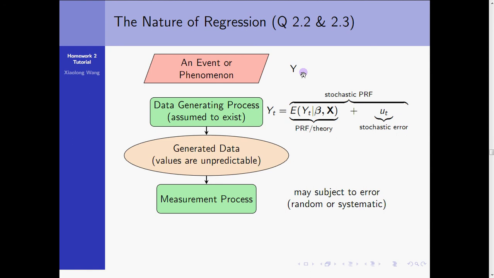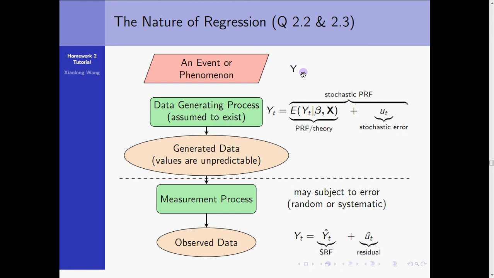And for the example of income, we may say that the researcher collects all the tax documents of the households, and then they get information on their income. So we get observed data, and based on those observed data, we run a regression analysis, and we get a sample regression function. So a sample regression function is just an estimated population regression function.